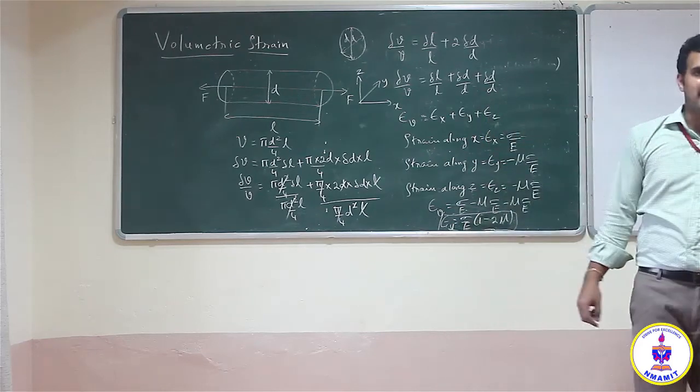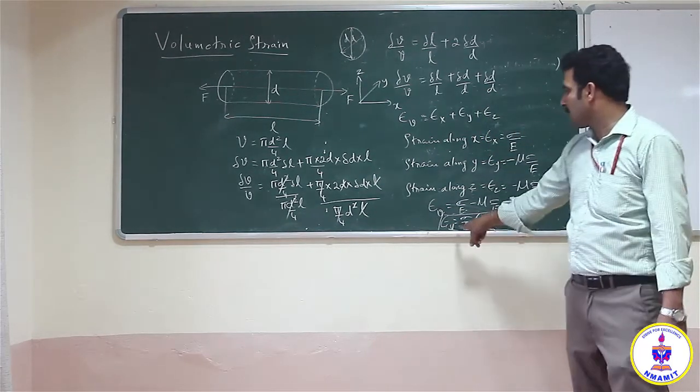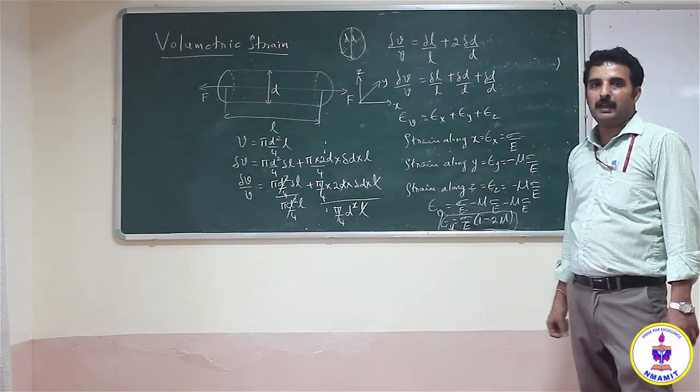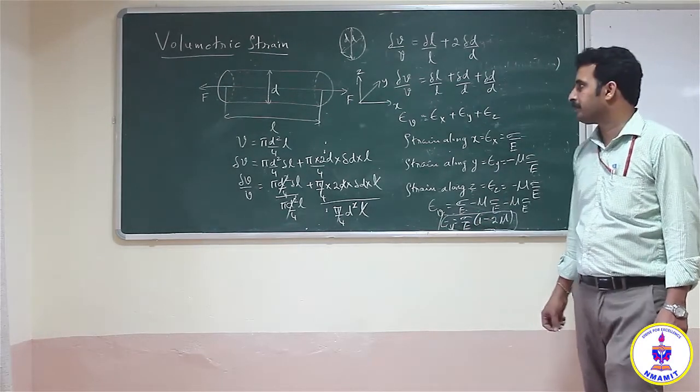So whatever the cross section may be, finally the expression for volumetric strain will be sigma by E into 1 minus 2 mu.